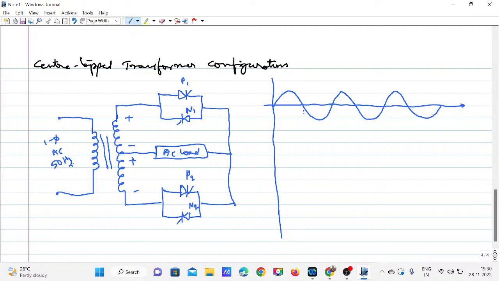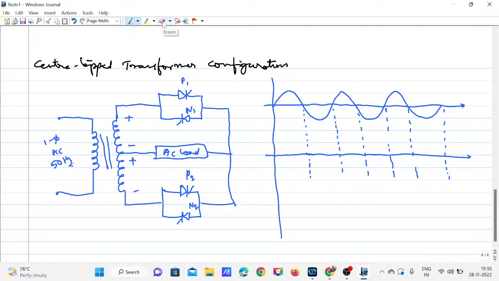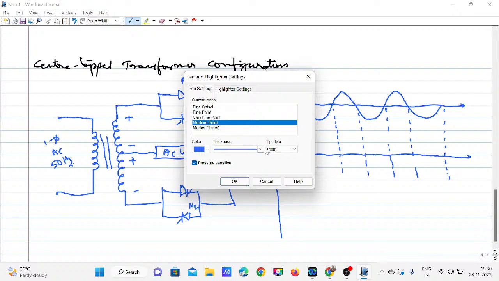Third cycle. Now I can go ahead with this, so let me take the input only for my clarity.